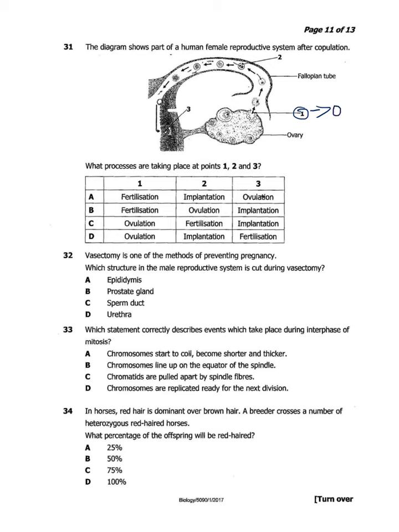So this process is known as ovulation. So the release of a mature egg from an ovary is what we call ovulation. Then our 2. This 2 is fallopian tube. What happens in the fallopian tube? Here we have fertilization. So fertilization mostly occurs in the ampulla of the fallopian tube.